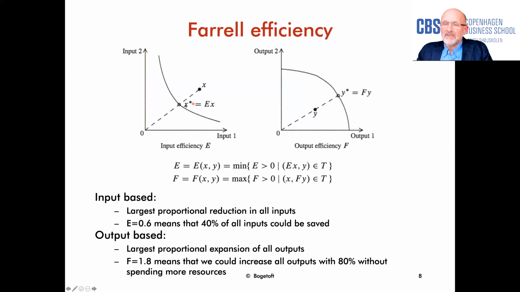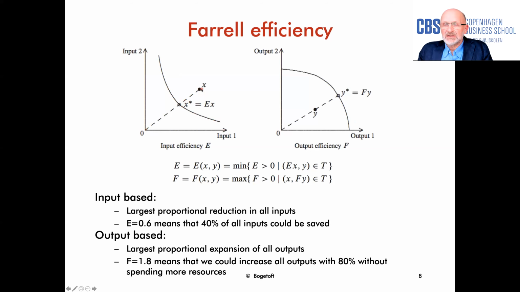So you can see I have been using more inputs than is strictly necessary according to the input isoquant, the minimum input able to produce the output. And now if I want to do proportional reductions, it basically means that I'm moving this point towards the 0 point of the coordinate system here.